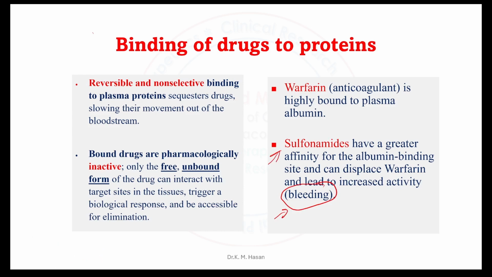Sulfonamide binds to the protein and displaces warfarin from binding to the protein, increasing the free fraction of warfarin and increasing its activity. So now we have competition for protein binding between sulfonamide and warfarin. Therefore, if the patient takes warfarin, we don't recommend using sulfonamide because of the competition for binding to the protein.